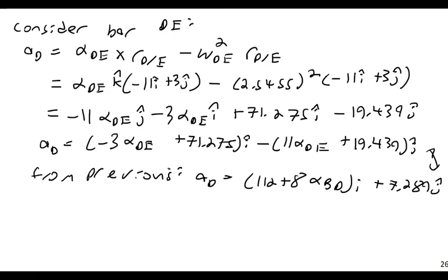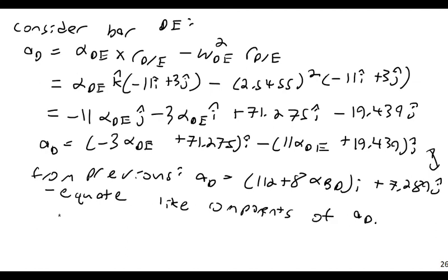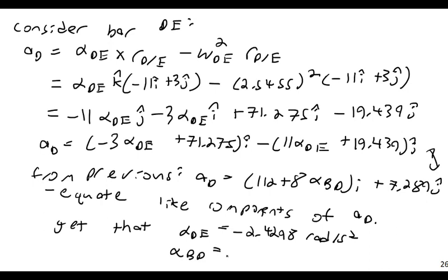If you combine those together, basically equating like components of A_D, you can get the final answer that alpha DE equals negative 2.4298 radians per second squared, and alpha BD equals negative 4.1795 radians per second squared.